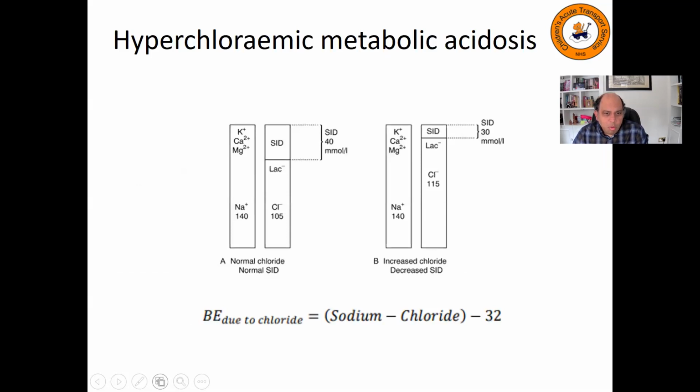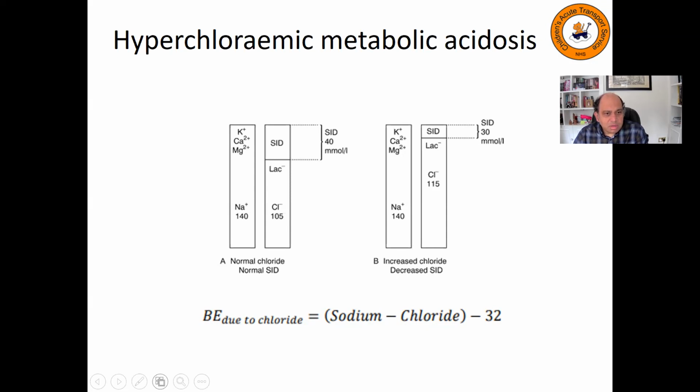And the reason why that is now becoming more of a discussion point is because there is significant concern about the hyperchloremic metabolic acidosis that high chloride containing fluids result in. So just in 20 seconds, explaining what this means: if you look at sodium as the positive ions here and the negative ions here in the extracellular fluid, positive ions are sodium, 140 millimoles per liter, and then a small amount of potassium, calcium, and magnesium.